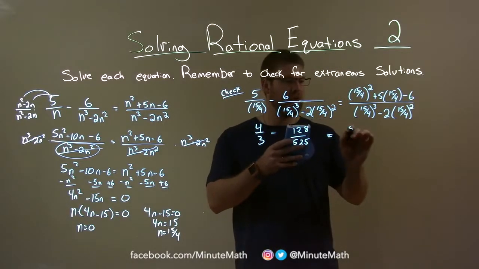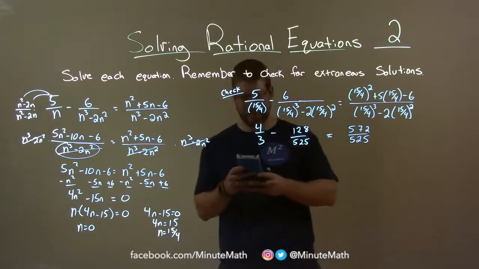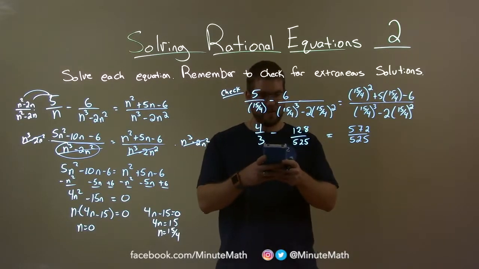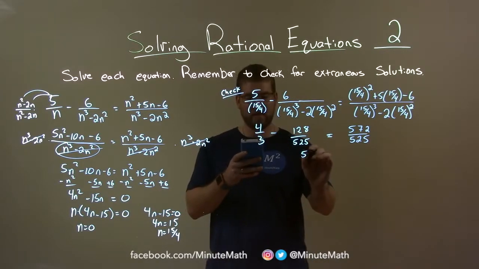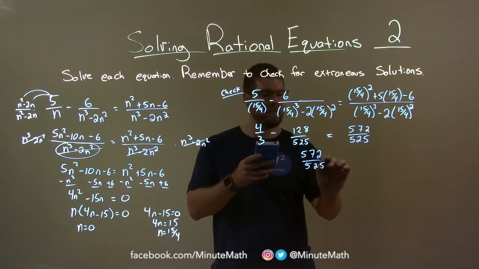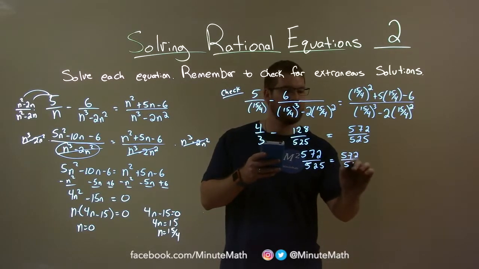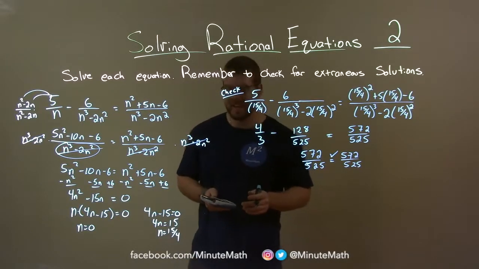Oh, 572 over 525. So let's see what happens here. What's 4/3 minus 128 divided by 525 as a fraction? I have a hunch it's the same, and it is kind of crazy, but it's true. 572 over 525 is equal to 572 over 525. Left and right hand side are equal, so 15 over 4 is a true solution.